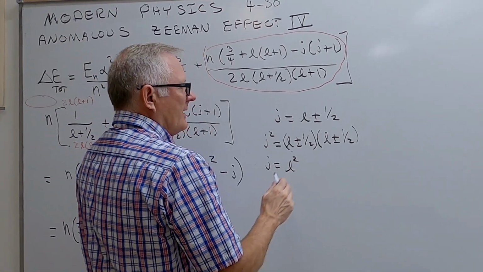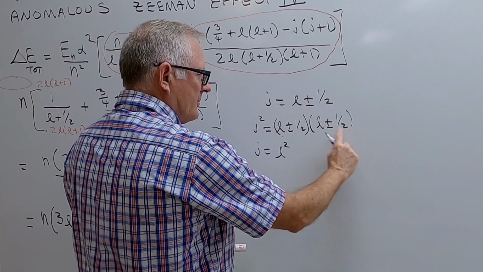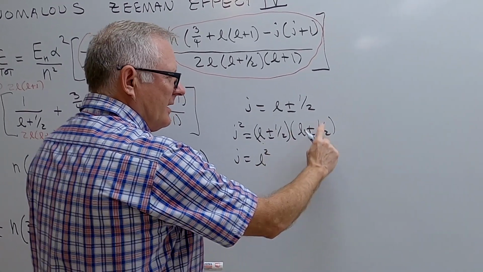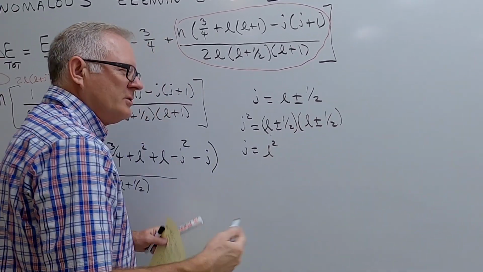And then the last term, it's either the two pluses, which would give you 1/4, or the two minuses, which would give you 1/4.